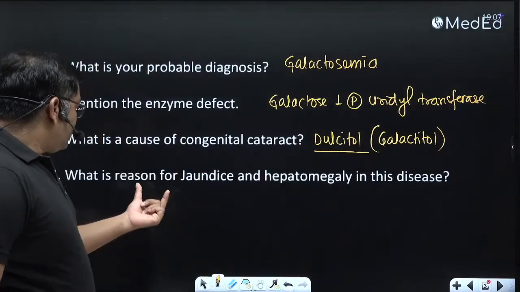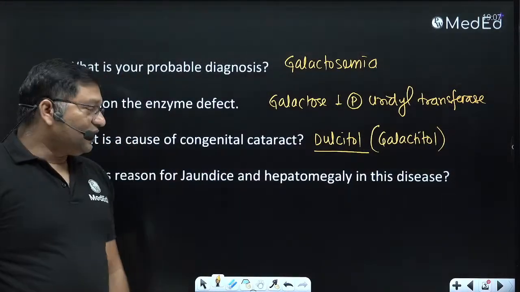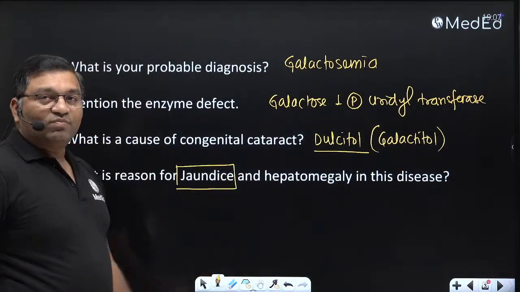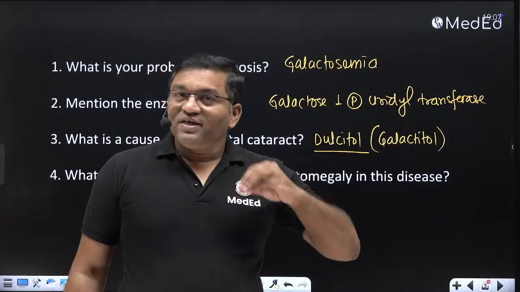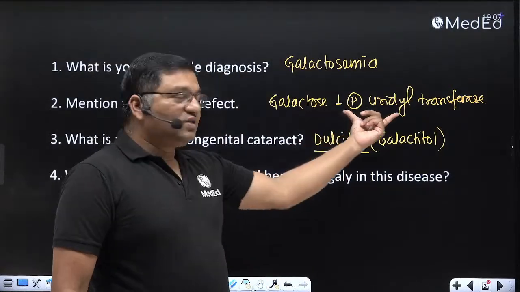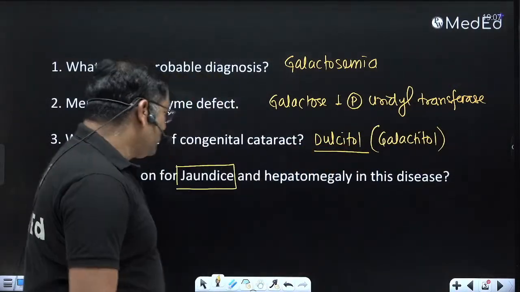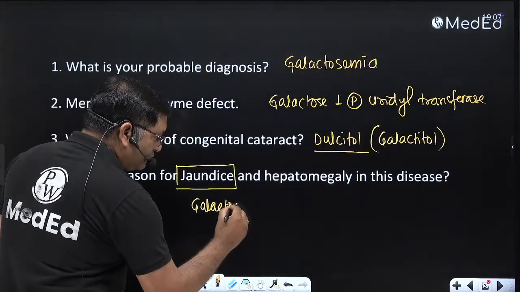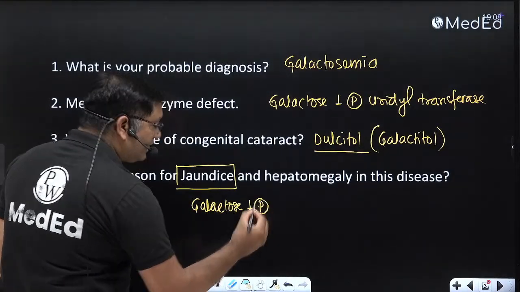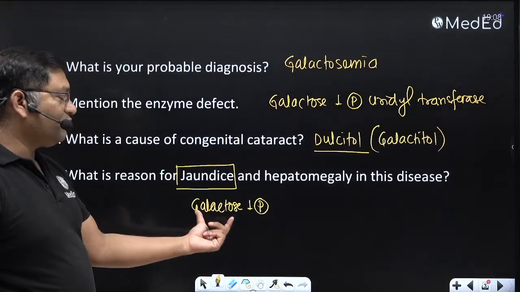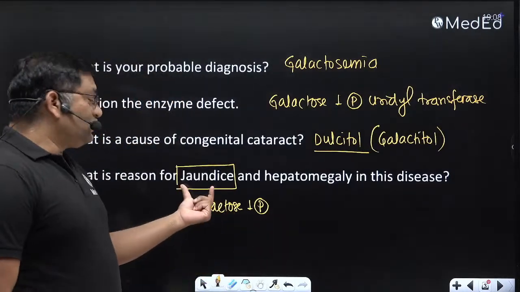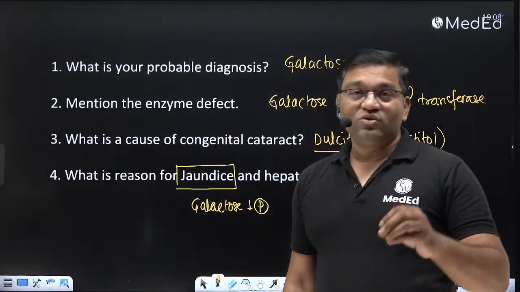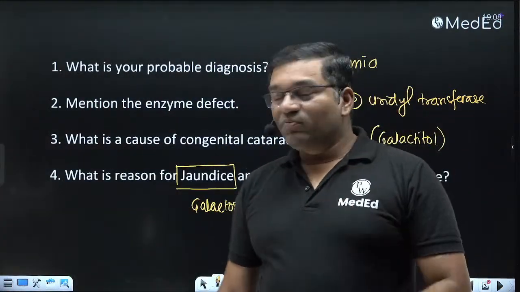And why is there jaundice and why is there hepatomegaly? The reason for jaundice is accumulation of one particular compound, an intermediate in galactose metabolism, due to deficiency of galactose 1 phosphate uridyl transferase. So there is accumulation of galactose 1 phosphate in the liver, which causes jaundice, that causes decreased uptake of bilirubin by the hepatocytes, and also decreased conjugation of bilirubin by the hepatocytes.